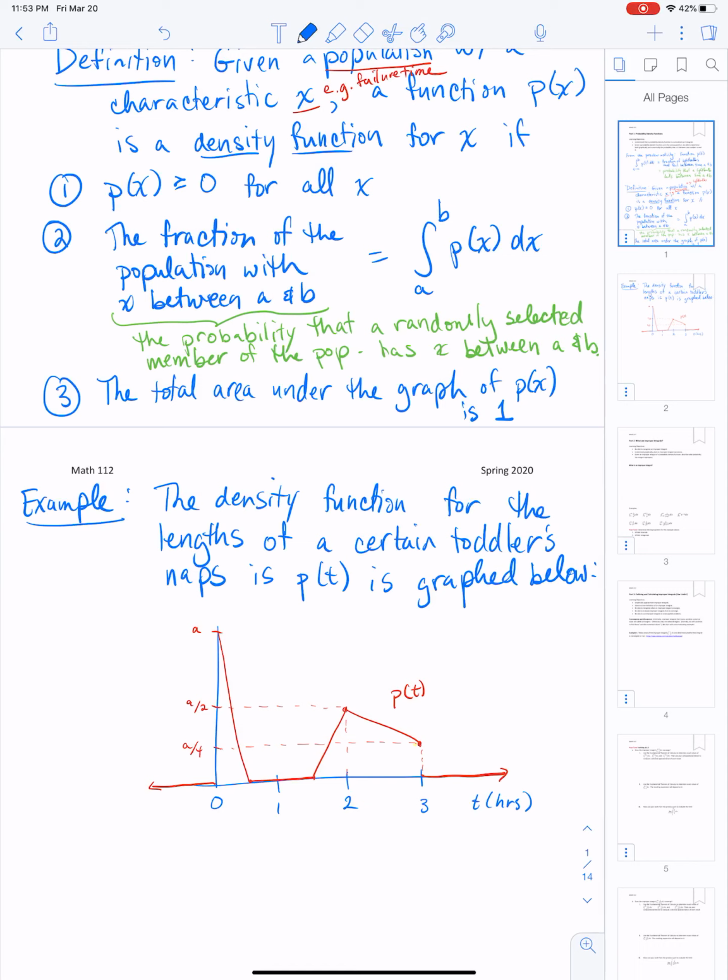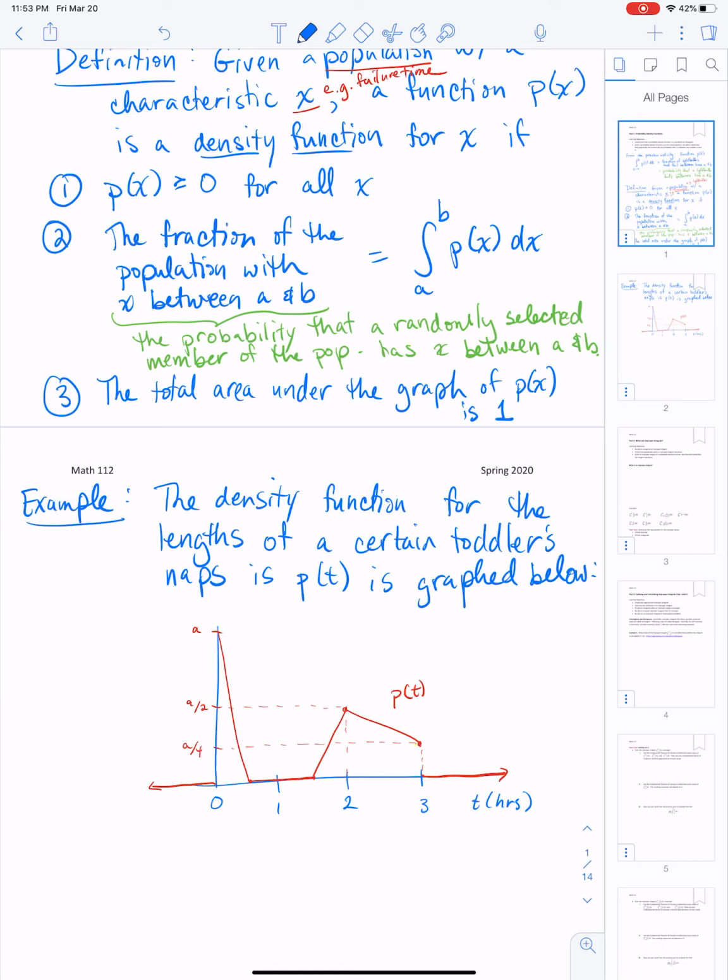And if we assume that this is a density function, what we must have then is that the total area under this red curve must be 1. Notice it is in fact 0 outside of the range of 0 to 3. That's because, of course, he can't nap negative amount of time, and I wake him up if he naps longer than 3 hours, or if he's still sleeping at 3 hours, because otherwise he won't sleep at night.